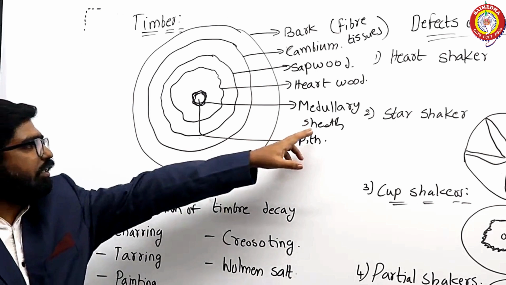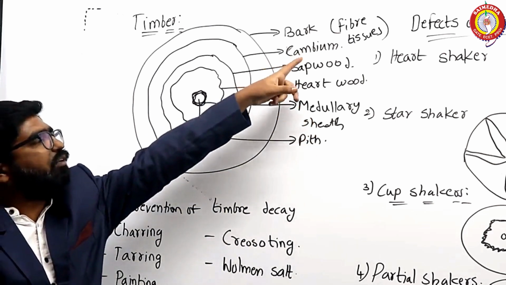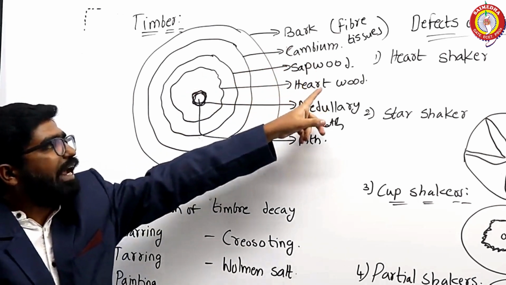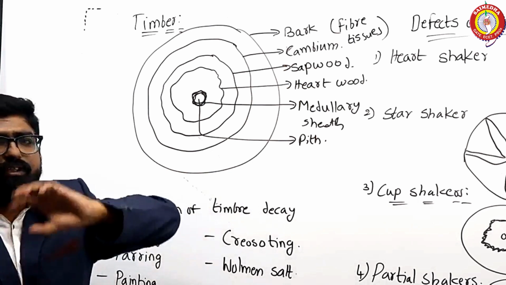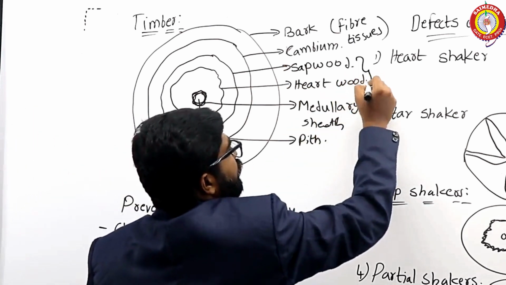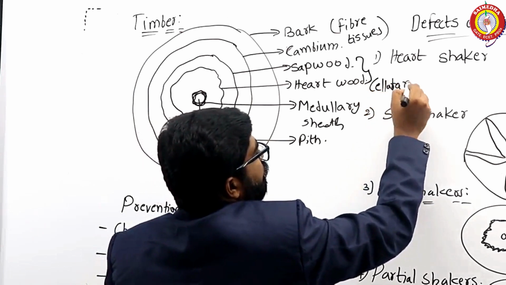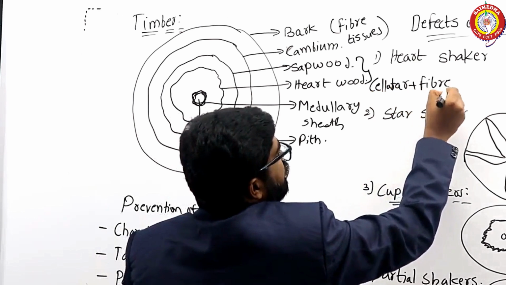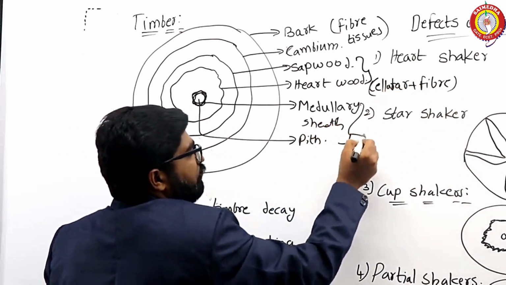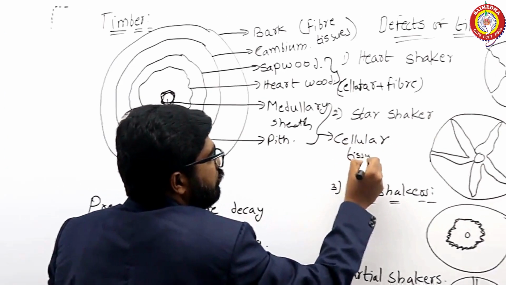So now, as we are talking about tissues, let us see which tissues cover which. Sapwood and hardwood consist of both fiber tissues and cellular tissues, and the medullary sheath and pith consist of cellular tissues.